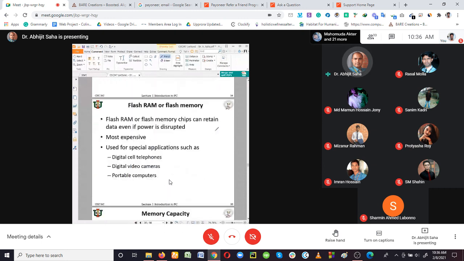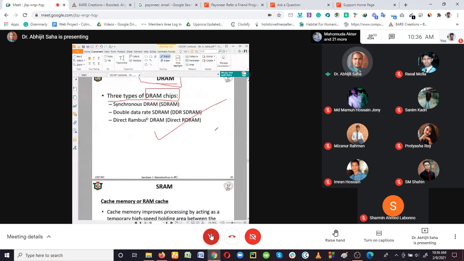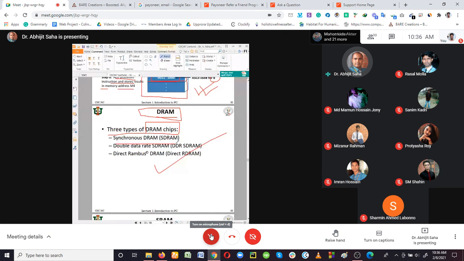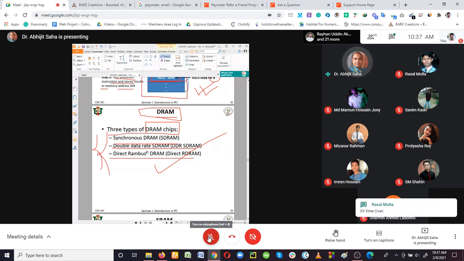Okay, so here we can see different DRAMs, like the synchronous DRAM that we call SDRAM, the double data rate SDRAM, and the direct RAM bus DRAM. In the market, RAMs are updating all the time, and different types of DRAMs keep coming. Now we have the double data rate DRAM, the DDR RAM: DDR 1, 2, 3, 4.